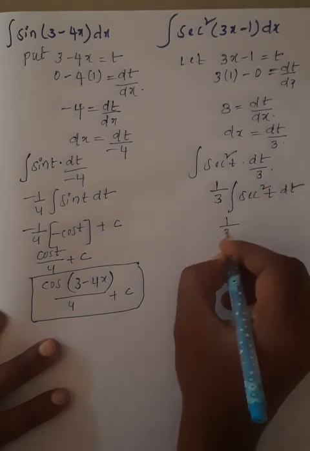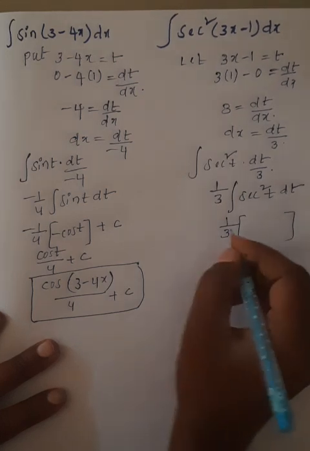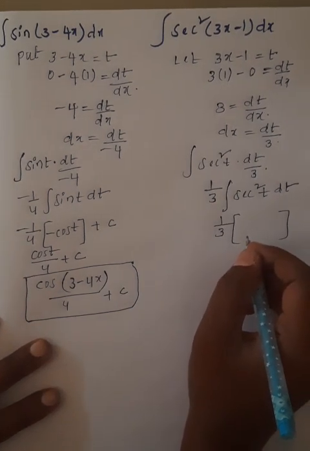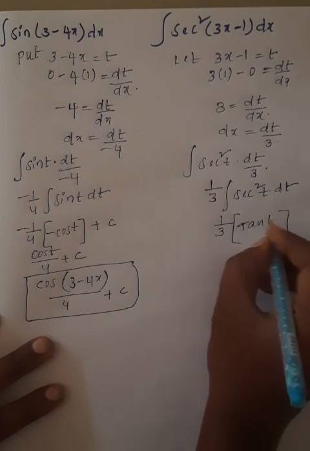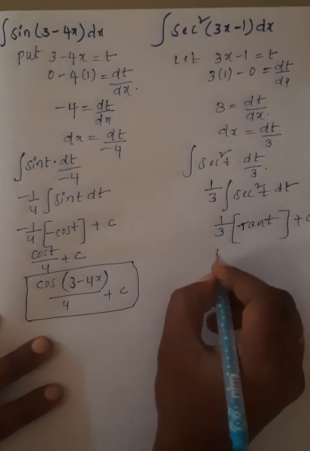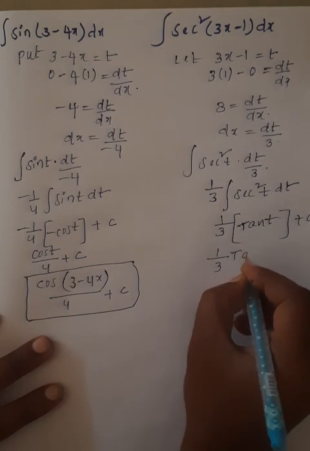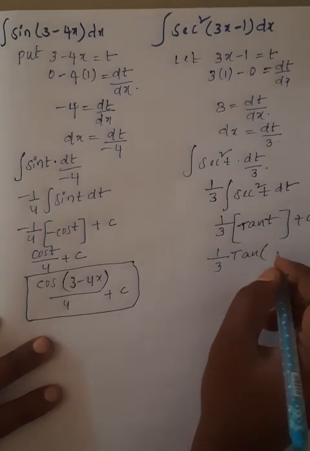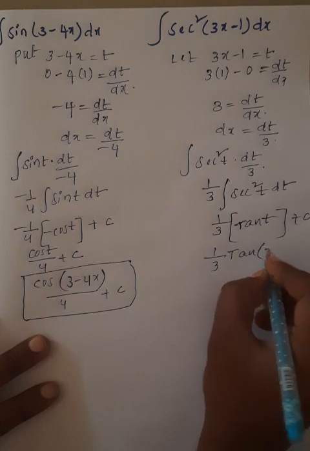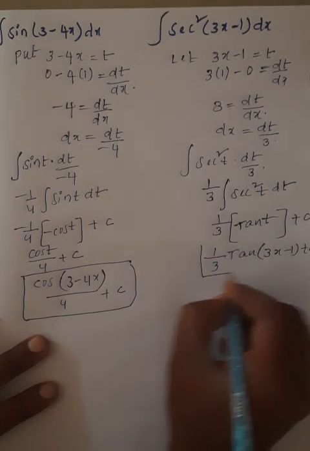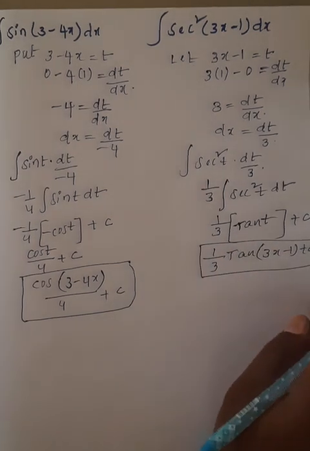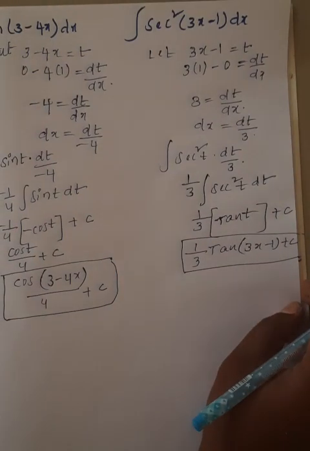Therefore 1 by 3 into integration of sec square x is tan x. Therefore tan t plus c. Therefore 1 by 3 into tan of, again we have to replace t with 3x minus 1, plus c. So this is our final answer.